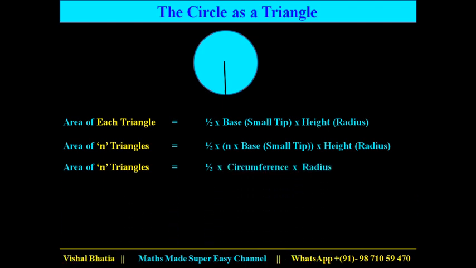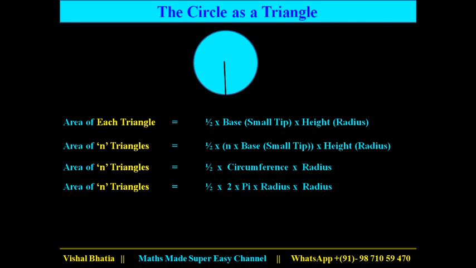Area of n such triangles is nothing but half multiplied by circumference, and the circumference in this case is nothing but the n small tips added together, multiplied by the radius of the circle. Area of n triangles then reduces to half into 2 times pi into radius.